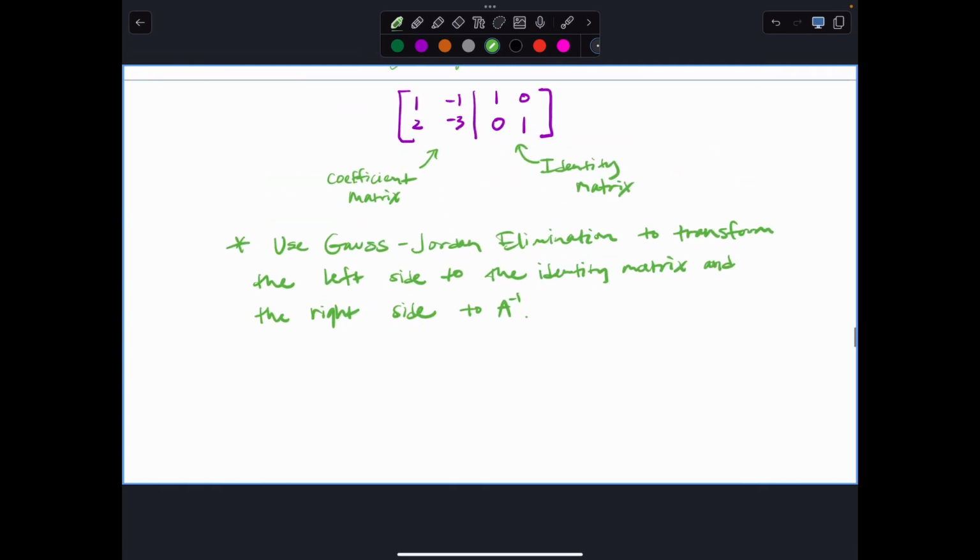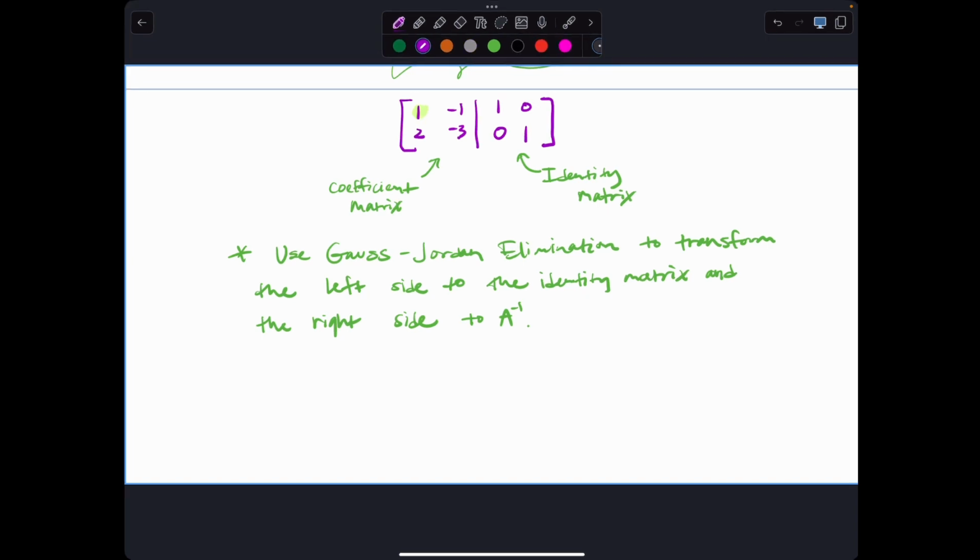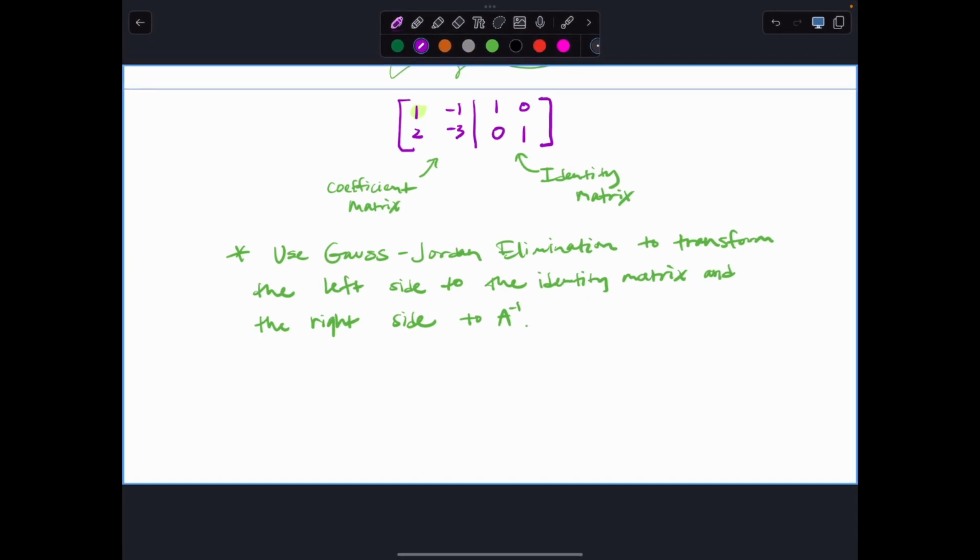So using what we already know, we already have a one in that position that we want for reduced row echelon form, but why don't we use our row operation? So I'm going to think about multiplying row 1 by -2, adding to row 2 to replace row 2.